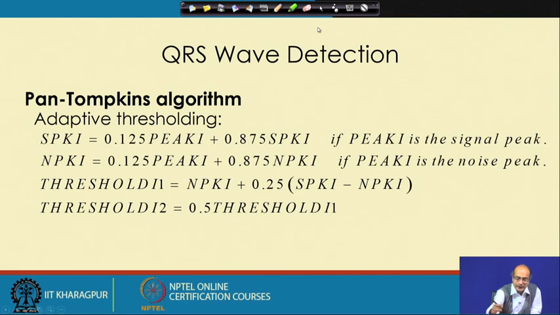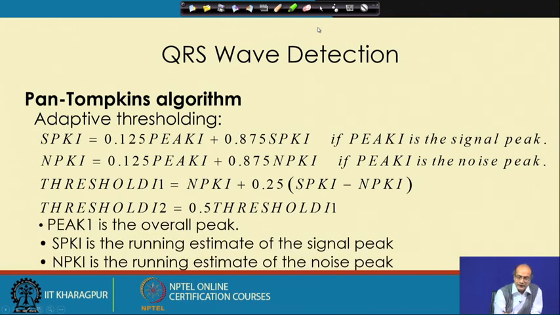Here the inputs are the peaks. Peak means that whenever we take a threshold, anything above that threshold is a peak. Using that, we update SPK1, the signal peak running estimate, and NPK1, the running estimate of the noise peak.